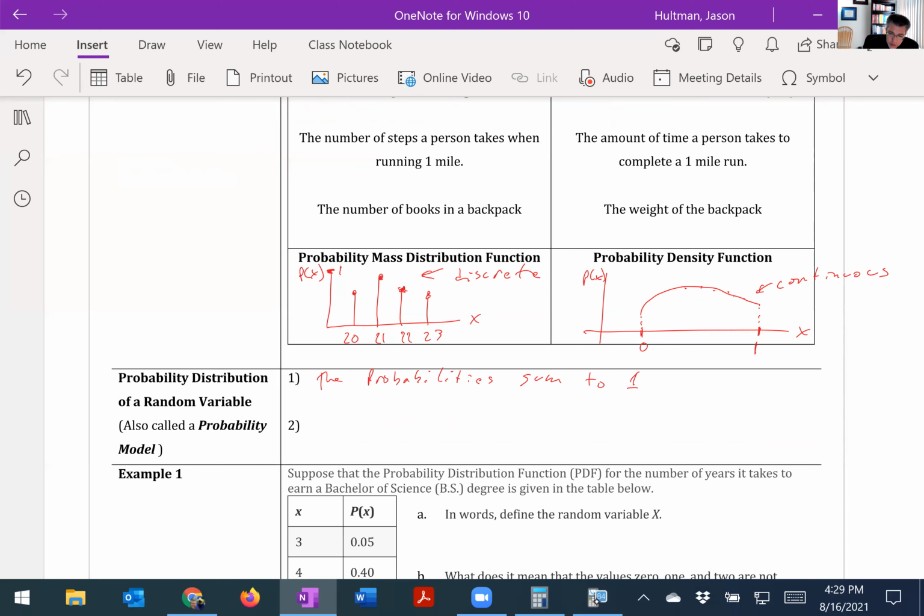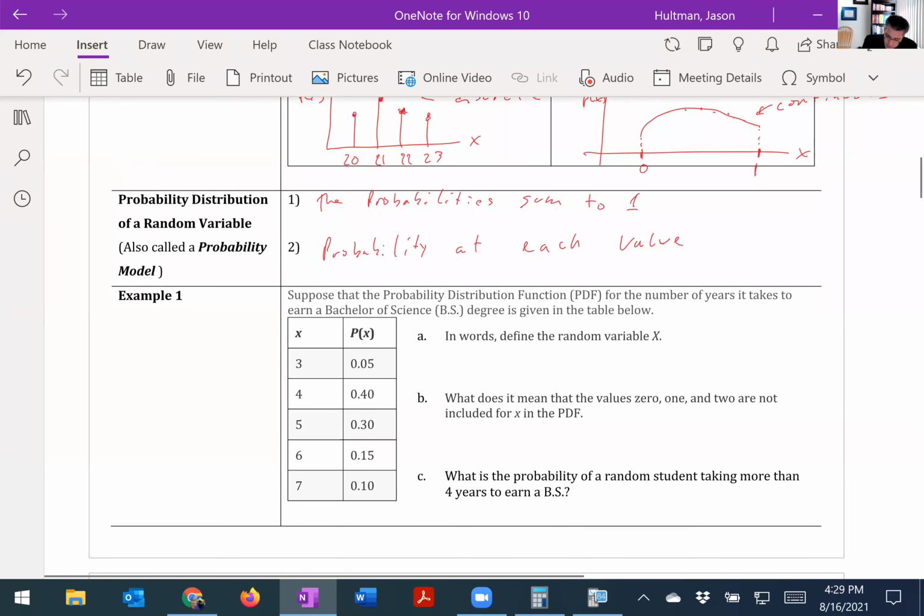And there's a probability at each value. Okay, this is a probability model.